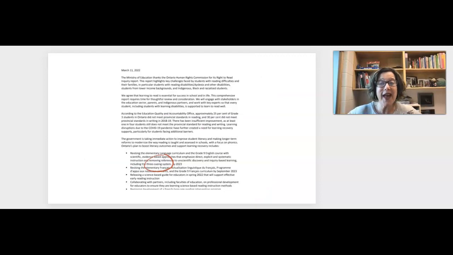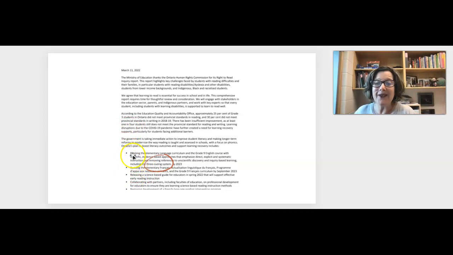And I actually found a letter from a different teacher in Ontario in March 2022. I'm going to read the second bullet here. They are saying, thank you to the Ministry of Education for making major changes in how we teach literacy in Ontario and ultimately across Canada.